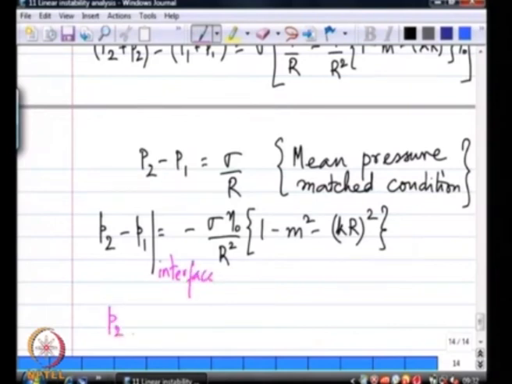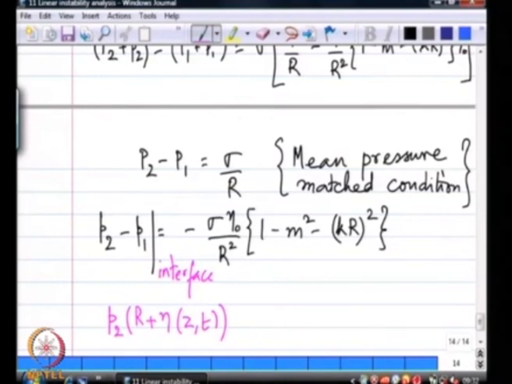If I take P2 as an example, which is inside the jet, P2 at the interface, the interface location is given by R plus eta, which is a function of z and time.